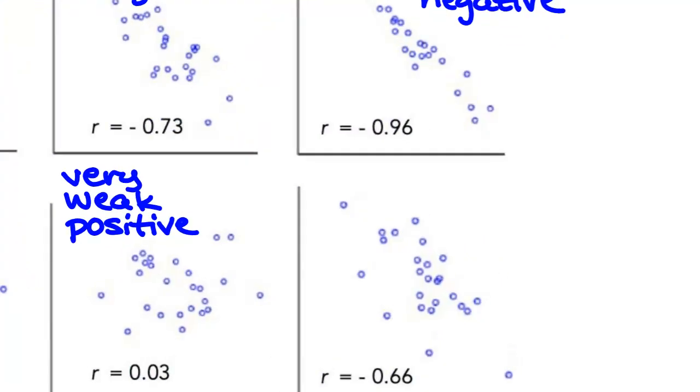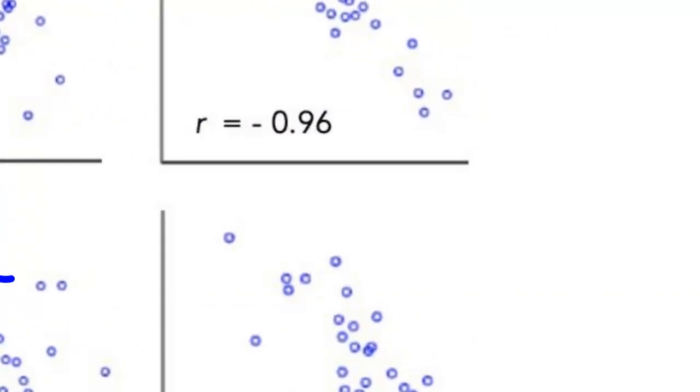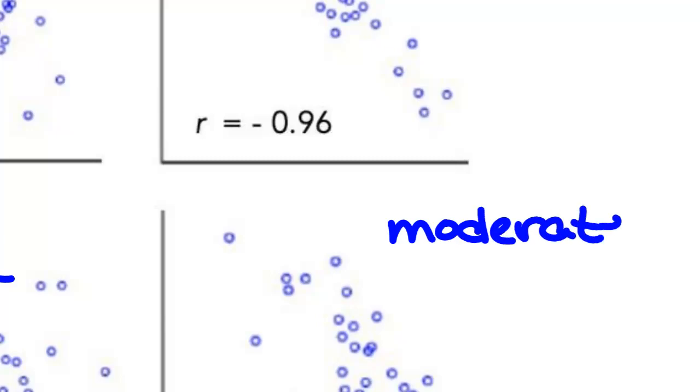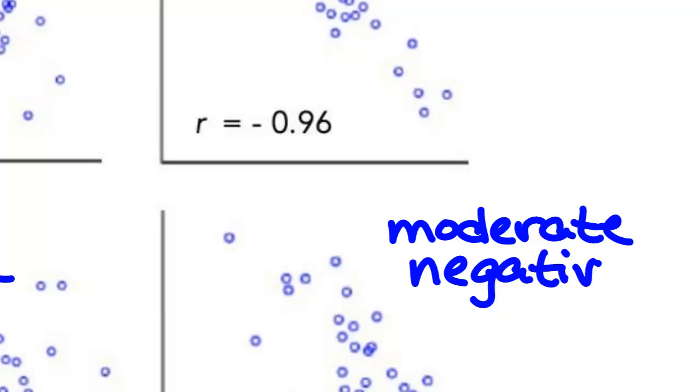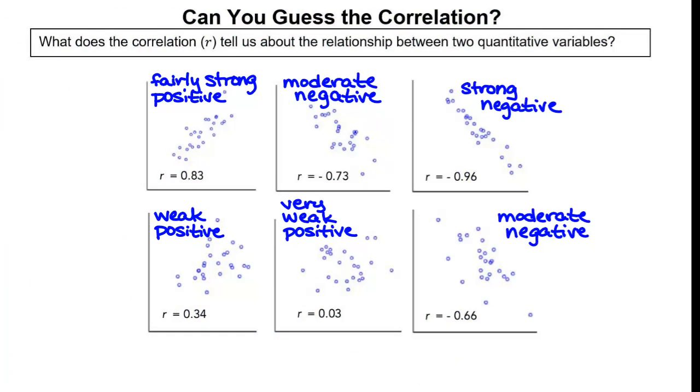All right, and the last one. Moderate negative. Maybe. I think that one's more of a moderate than a weak. If you compare it to the one in the middle on the bottom, I think it's stronger than that one.